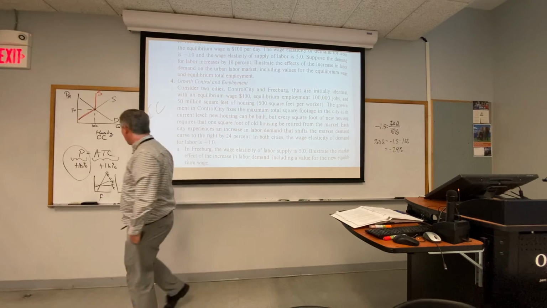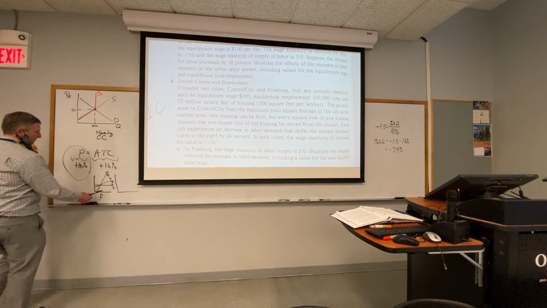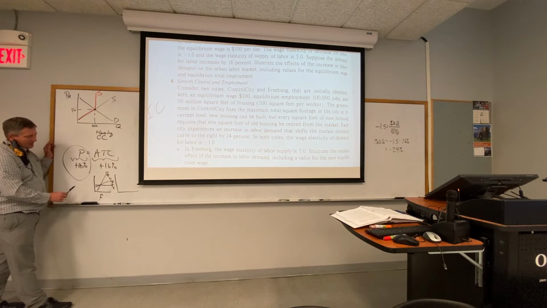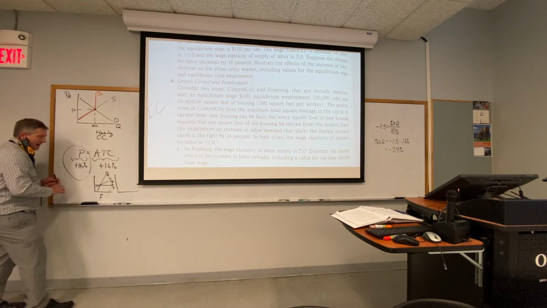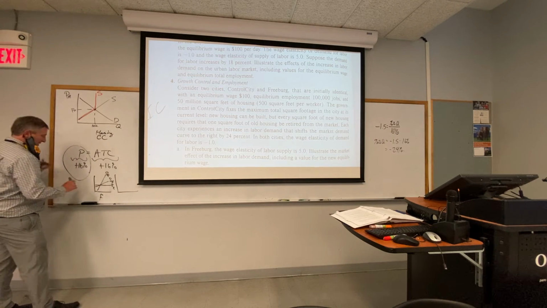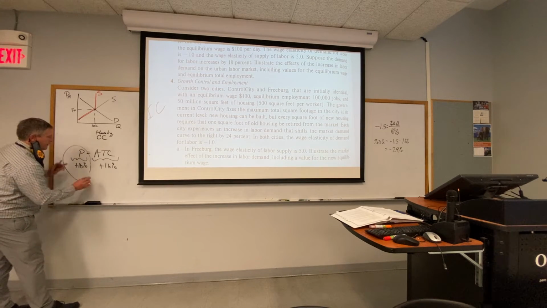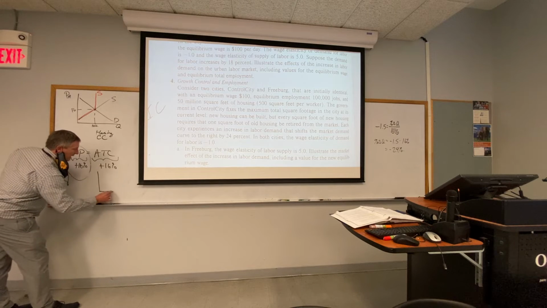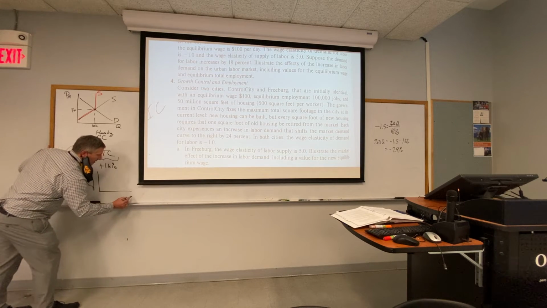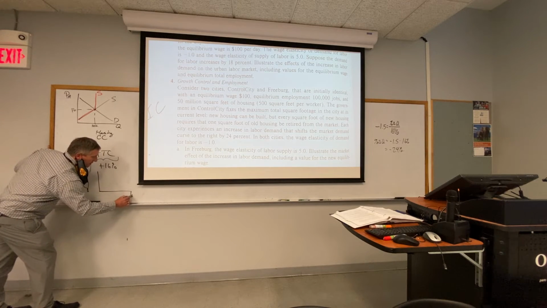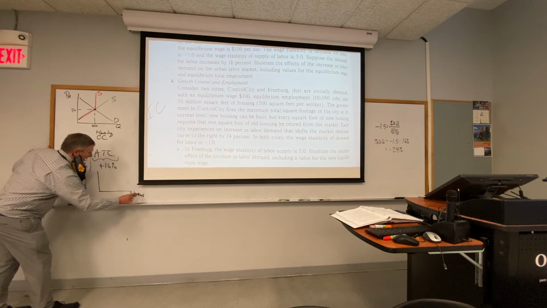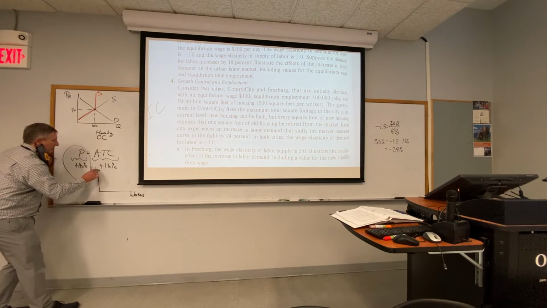That's the question. Does that mean flatter or steeper? Now remember we're back in the labor market now, so let me just put that in here. So we've got the wage. This is the number of workers. And this is their wage.